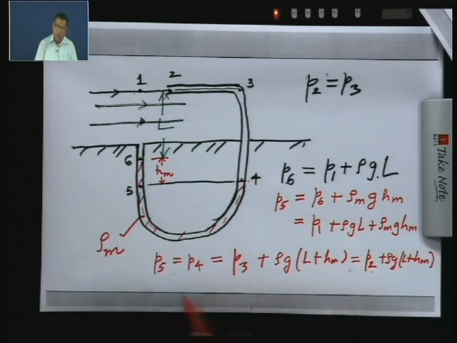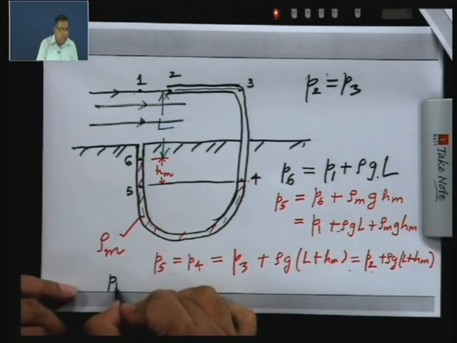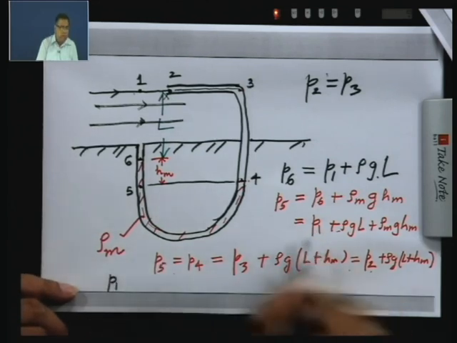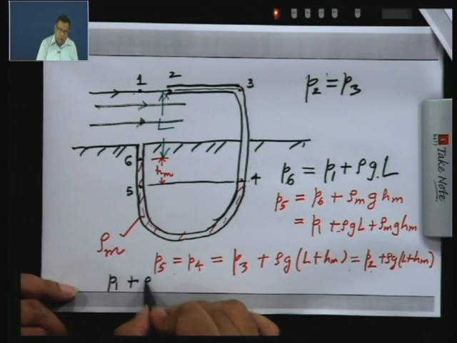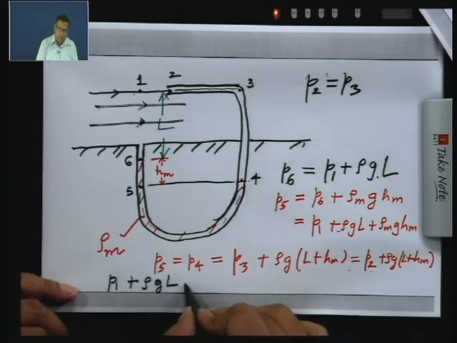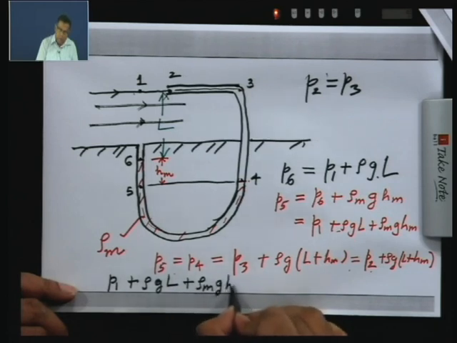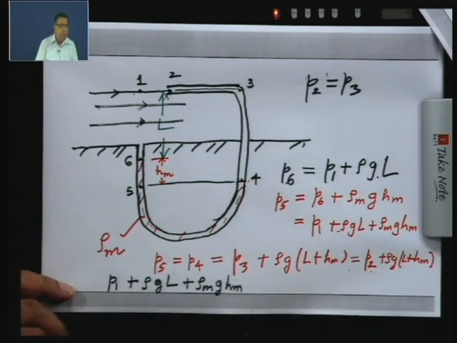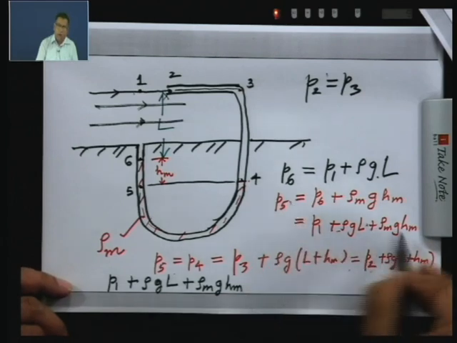So, from this equation, if we have already found P1, instead of P5 I am writing P1 plus rho g L plus rho m g h m. So, this whole expression is P5, which I have got from here.